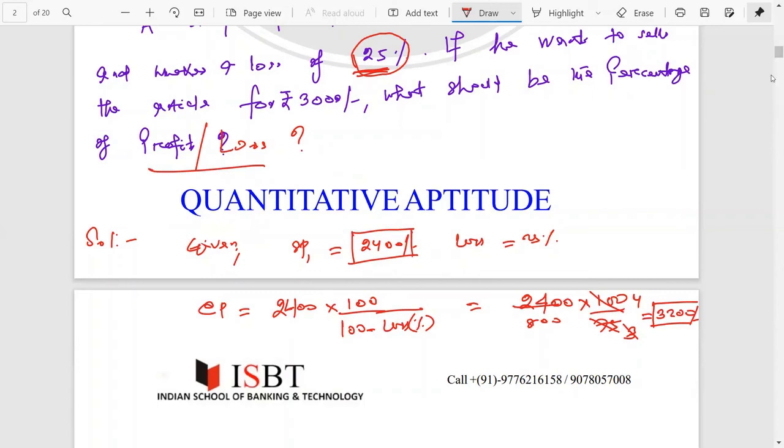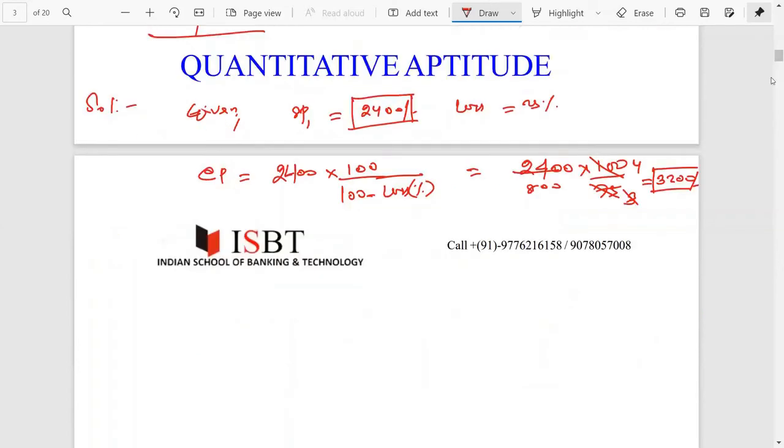And given the second selling price, he wants to sell it for 3,000 rupees. That means he loses. How much loss? Cost price minus selling price. That is rupees 200.